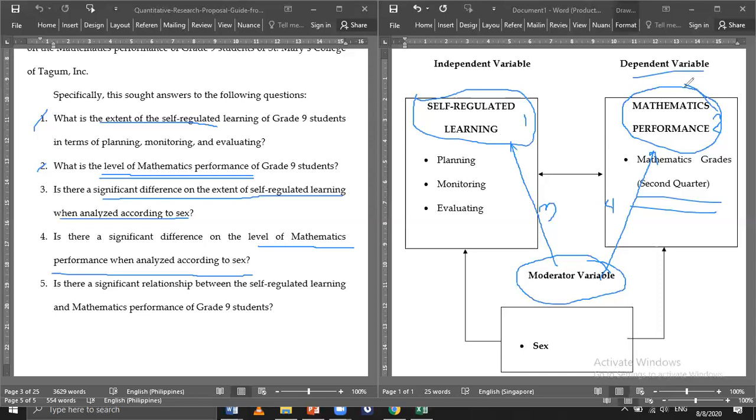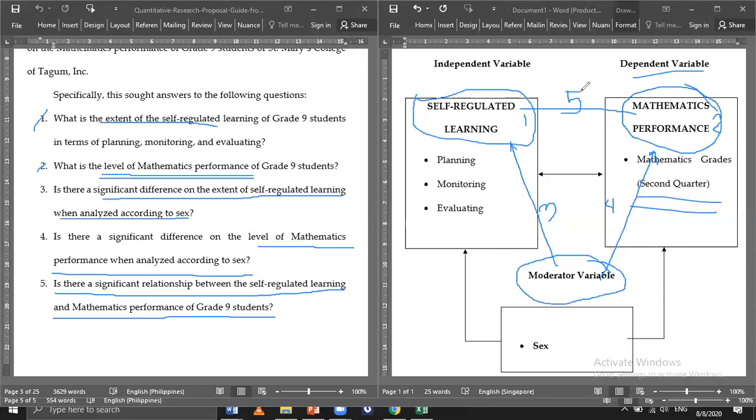Also, in mathematics performance, do male and female students have differences? So that's number 4. And 5, is there a significant relationship between self-regulated learning and mathematics performance of the students? So the relationship between self-regulated learning and mathematics is her number 5.